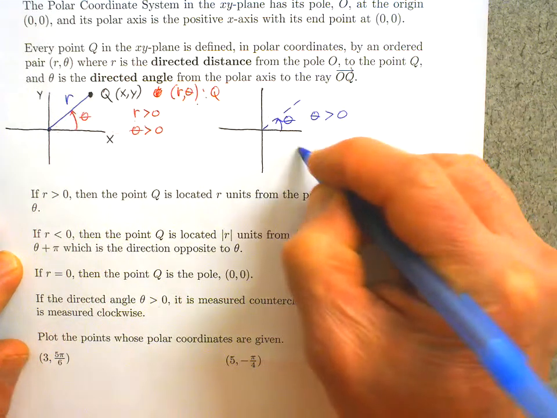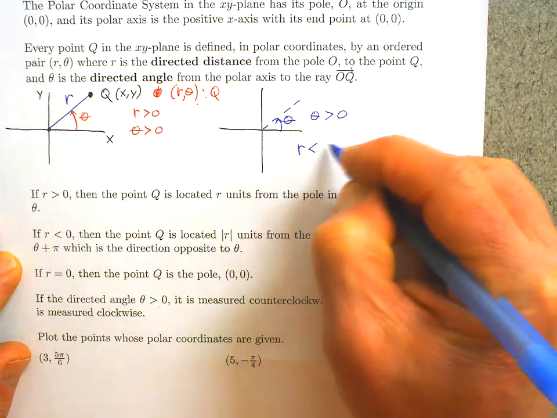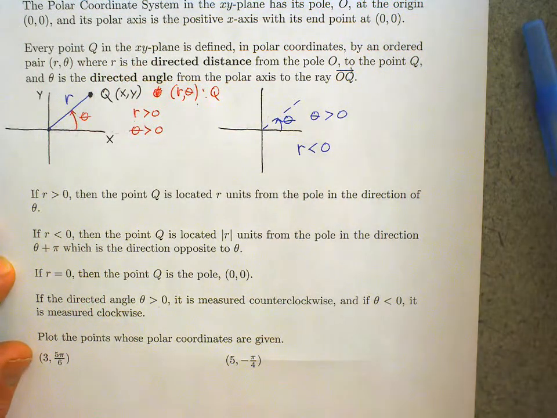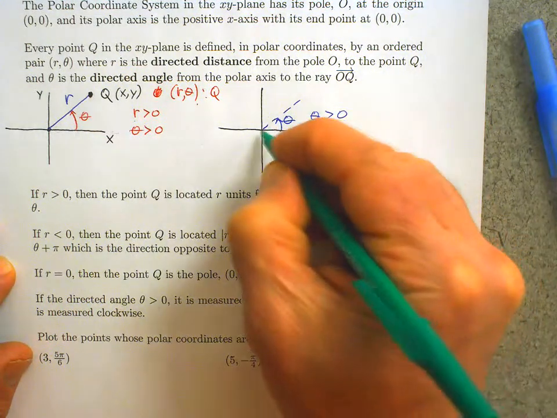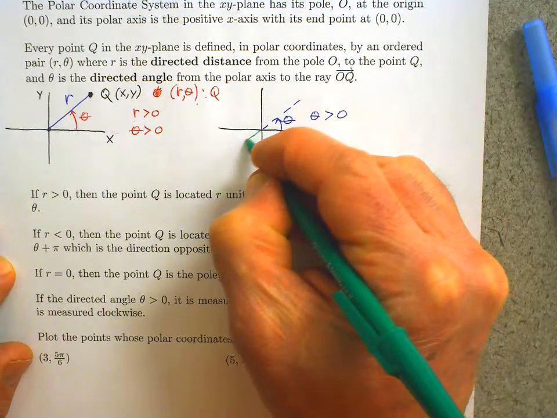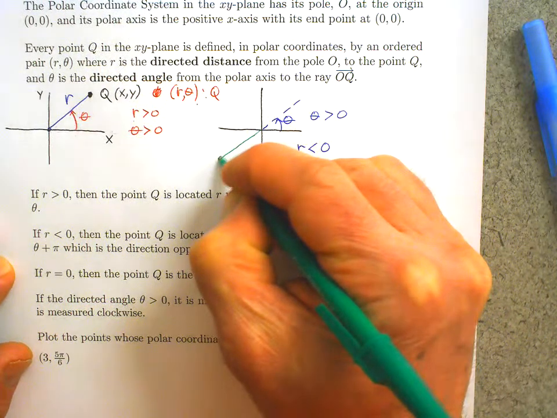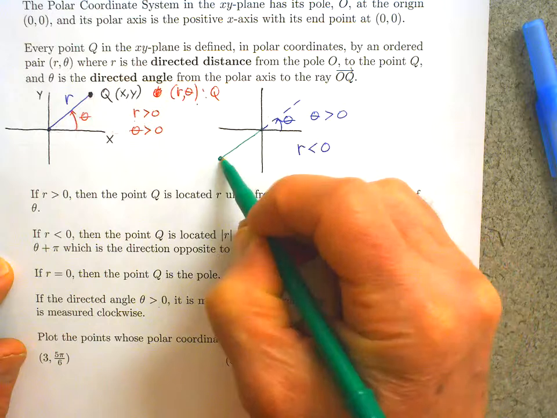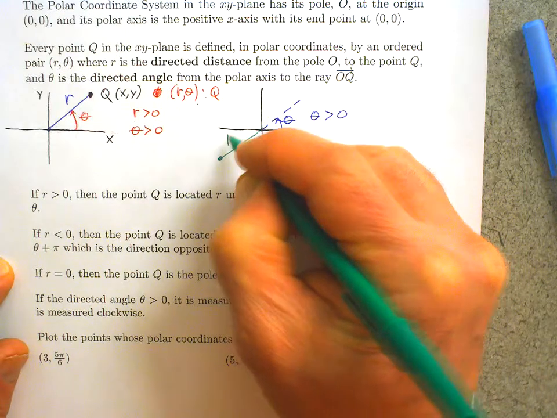But if we want r to be negative or less than 0, then we go in the opposite direction, and the distance from the origin to this point is the absolute value of r.